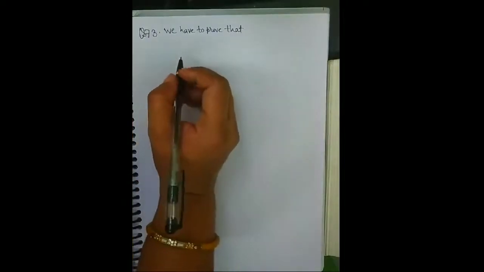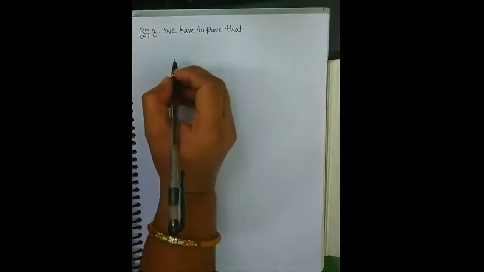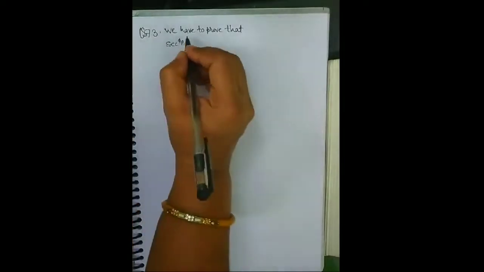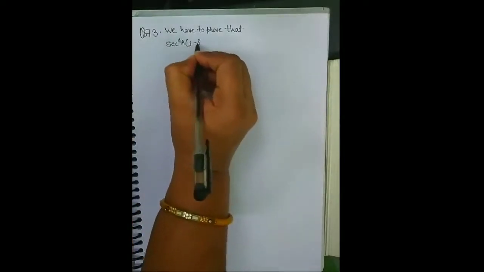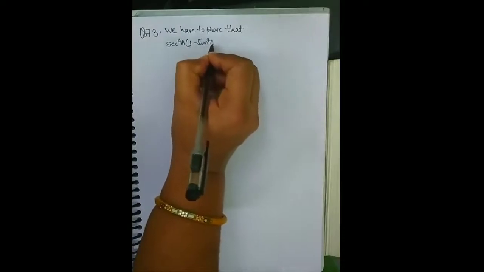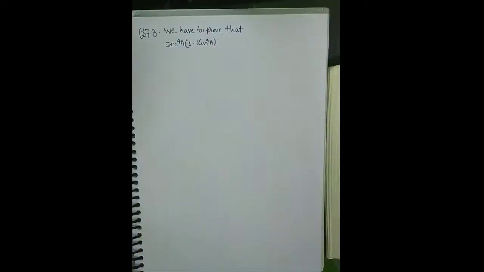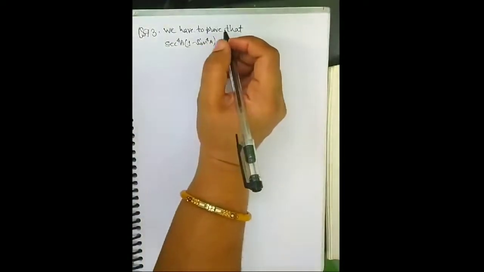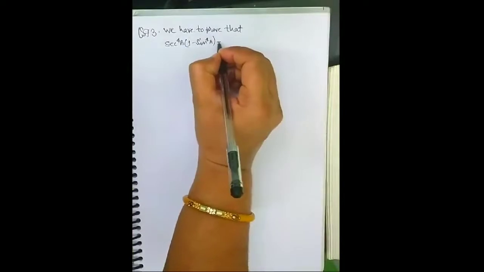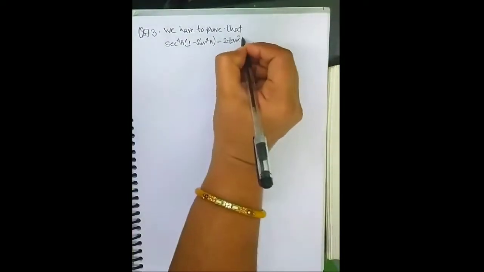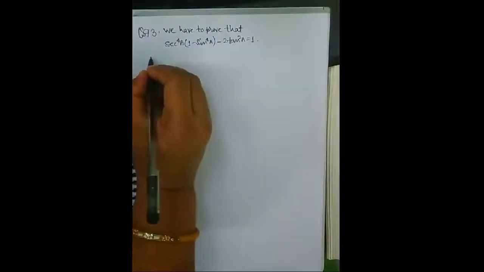We have to prove that sec to the power 4A into 1 minus sin to the power 4A minus 2 tan square A equal to 1.